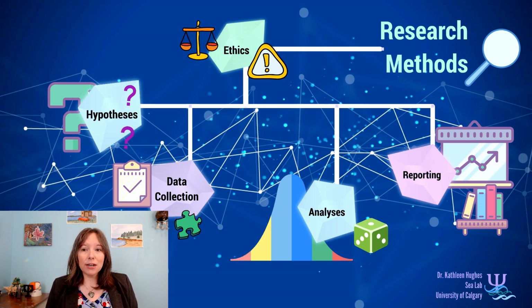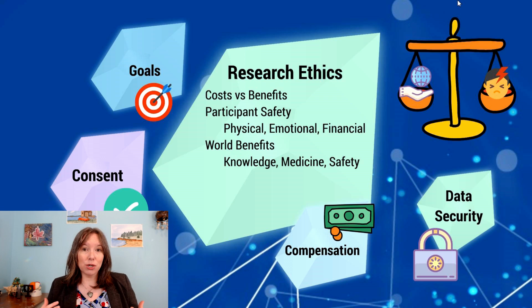Before we get started in terms of research methods, it's important to understand that all research in psychology must be done with an ethical lens. By ethics, we're really talking about research ethics. Every psychological study, no matter how simple or how complex, offers a variety of benefits and a variety of costs.